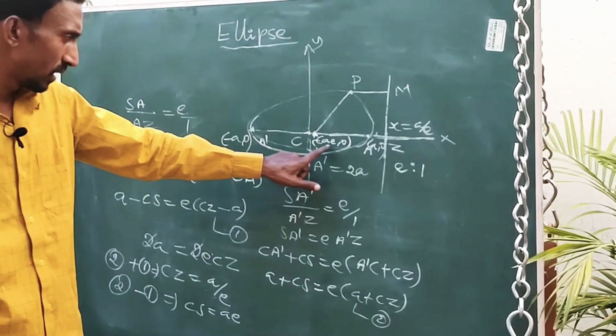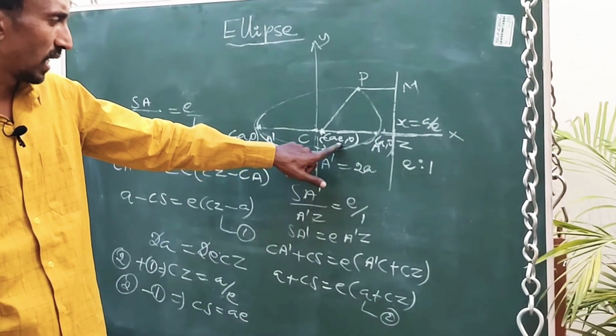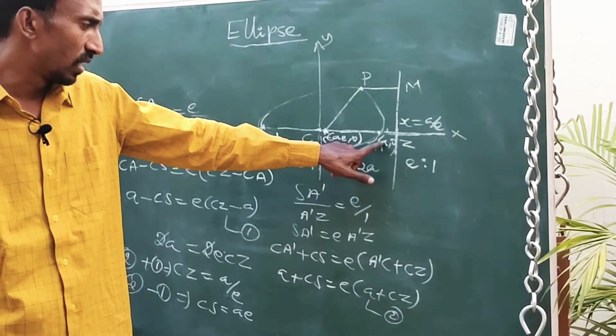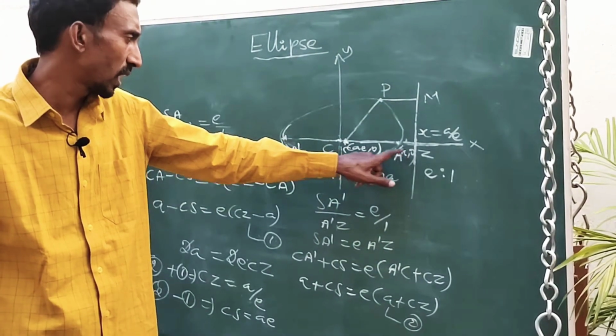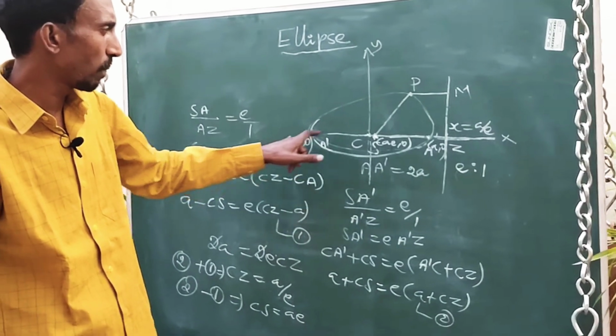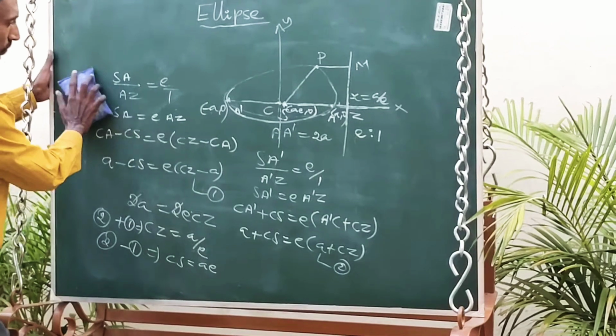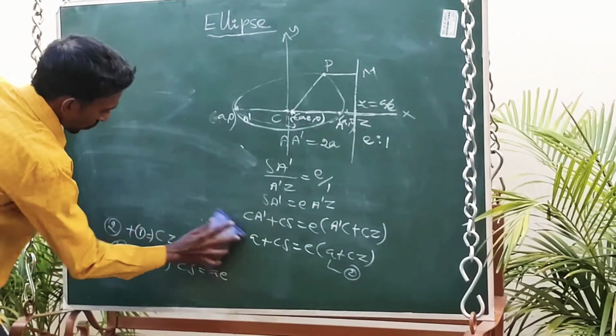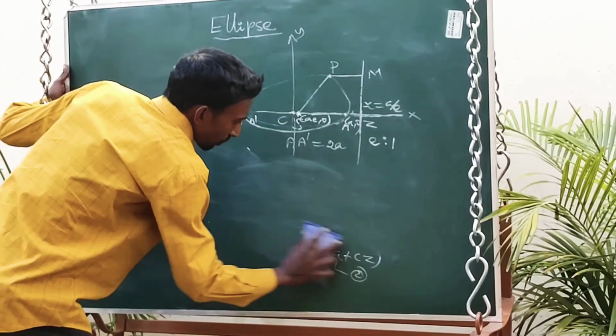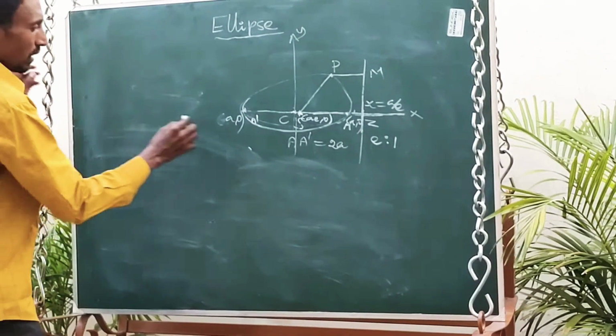So simply remember this diagram: the focus is AE comma 0, the vertices are A comma 0 and minus A comma 0, and the directrix is the line x equals A by e. Now our aim is to get the equation of the ellipse.